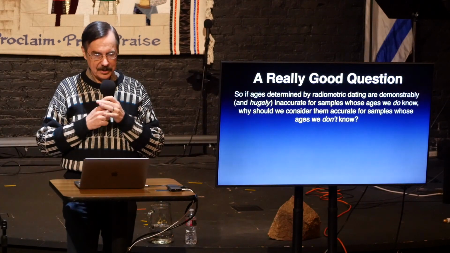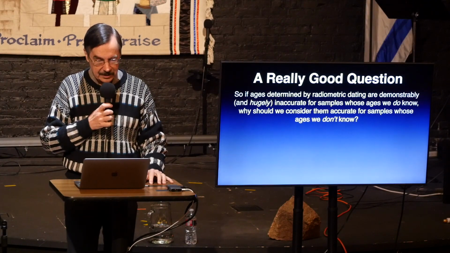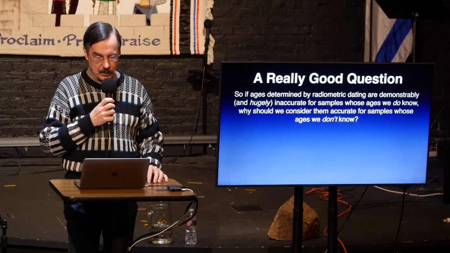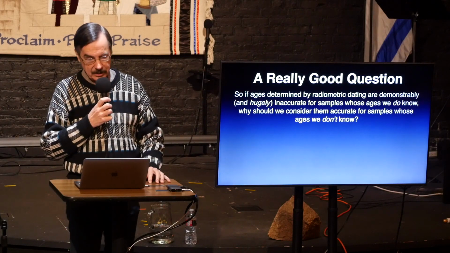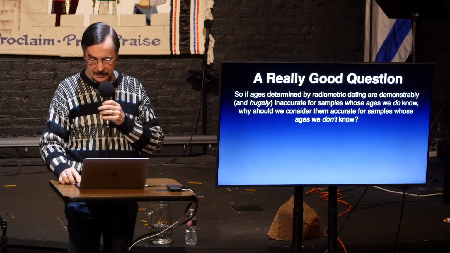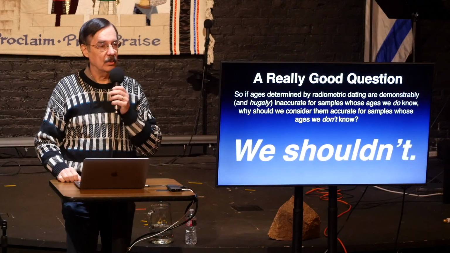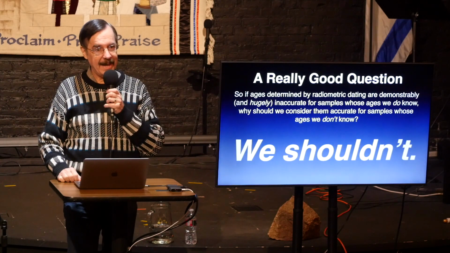If ages determined by radiometric dating are demonstrably and hugely inaccurate for samples whose ages we do know, why should we consider them accurate for samples whose ages we don't know? The answer is we shouldn't. So radiometric dating, can it be used?